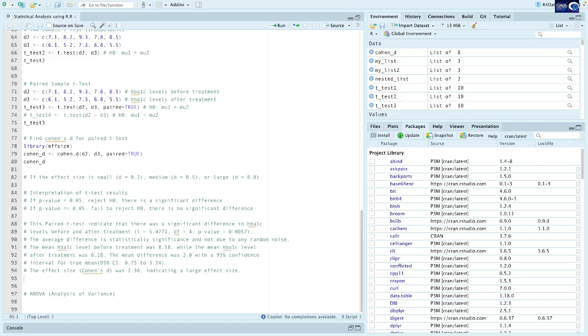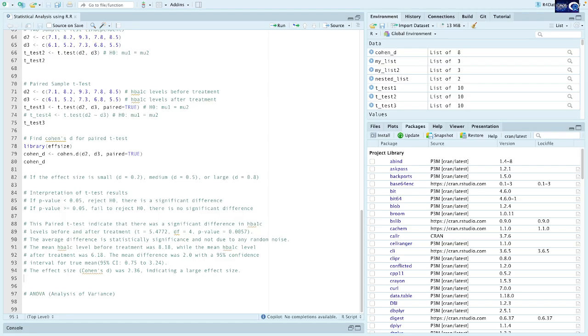It won't measure the strength, it won't compare any means, and it won't work with numeric data directly. It only works with frequency data.